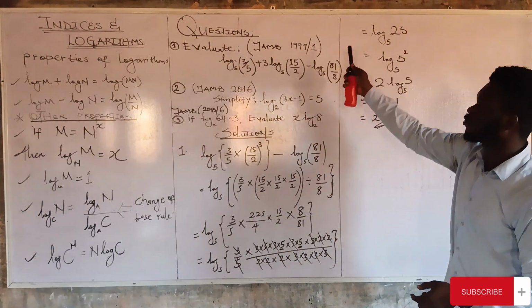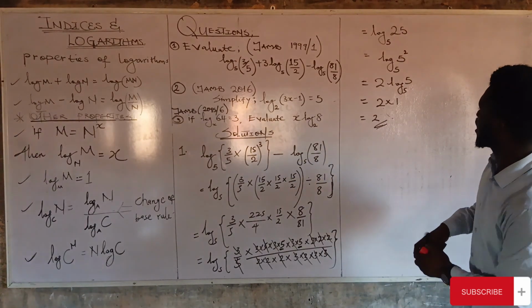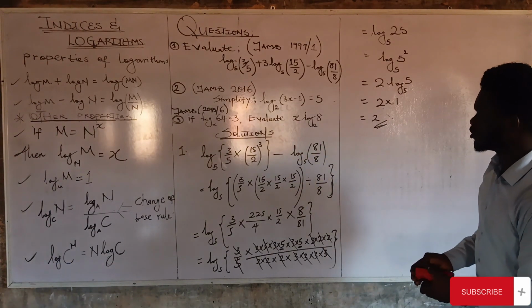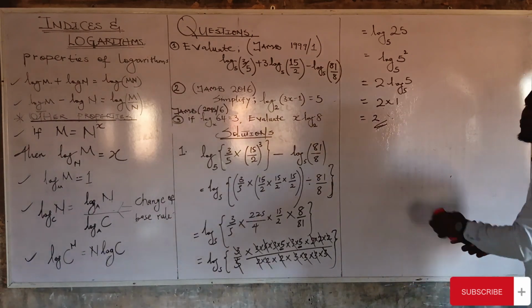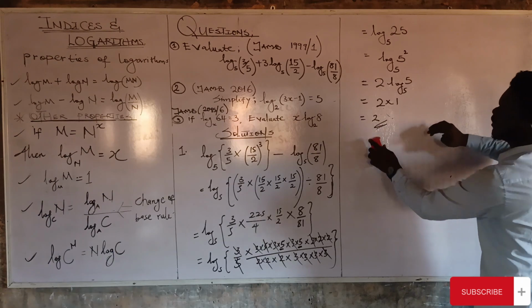JAMB 1991 question 1. Now we're going to try another question. I want to clean everything so that we can continue with the question, but I don't want to waste space.